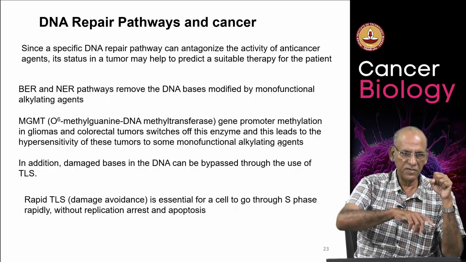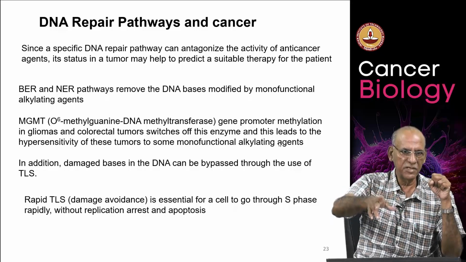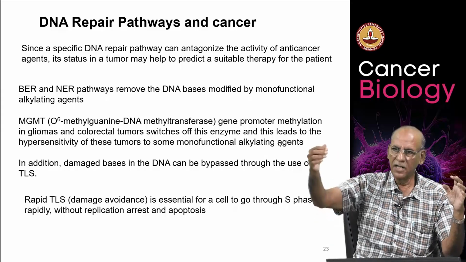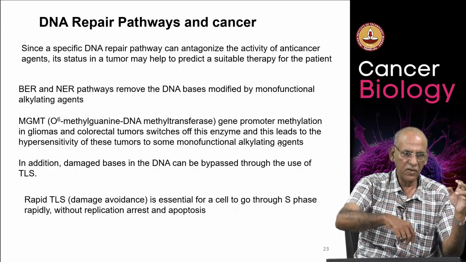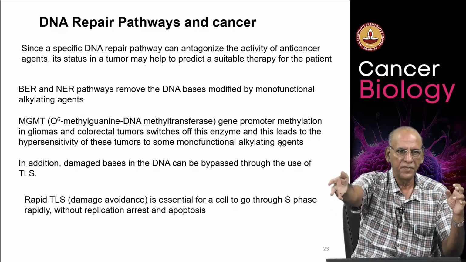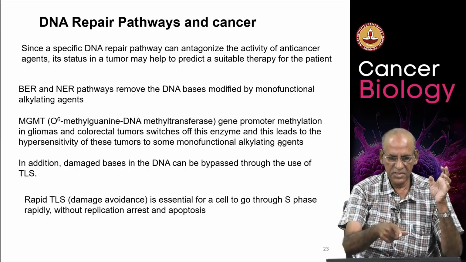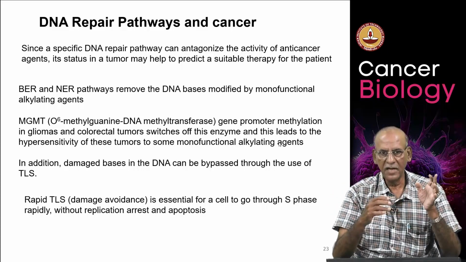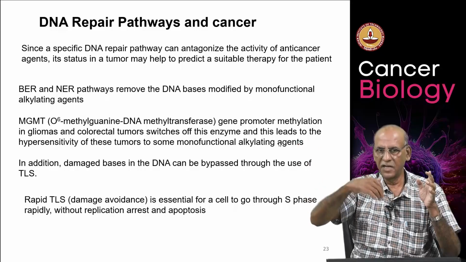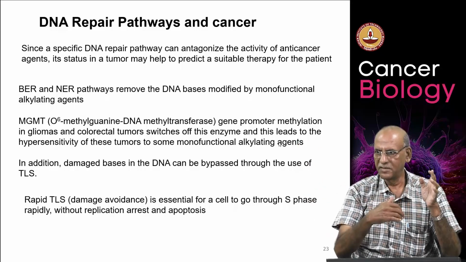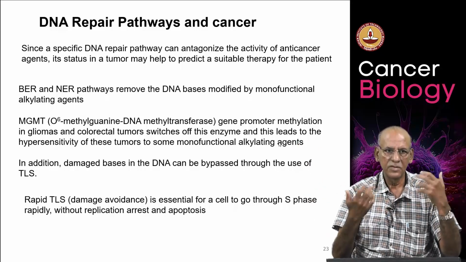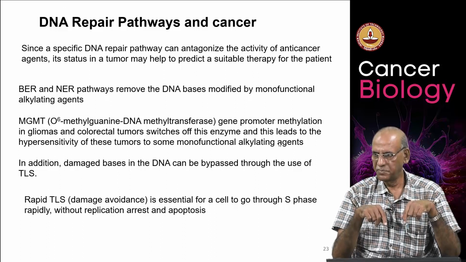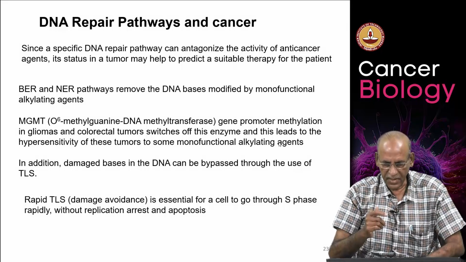This methyltransferase also transfers the methyl group. So, alkylating agents methylate and this fellow comes and removes the methylation. So, this MGMT removes the methyl group, and that kind of counteracts the alkylating agents. So, that is how they are doing the damage.